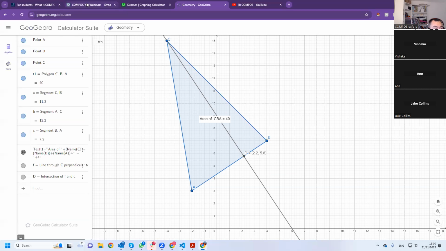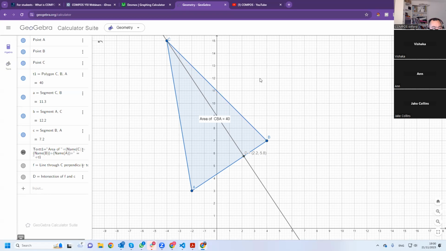That looks about right. 28 over 13 is indeed 2.2, and 75 over 13 is indeed 5.8. That is true.